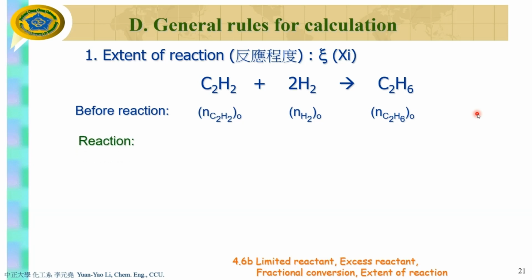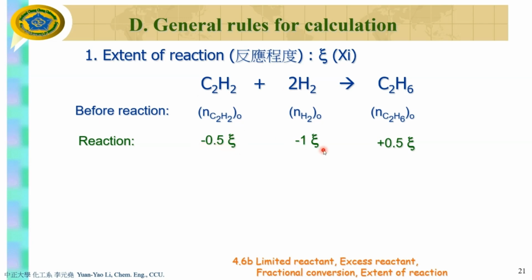And after reaction, what's the state of the reaction? If we have an extent of reaction ξ, because this reaction will consume the reactant, we use minus here, -1. According to the stoichiometry ratio, if this is 1, then for C2H2 that will be 0.5.